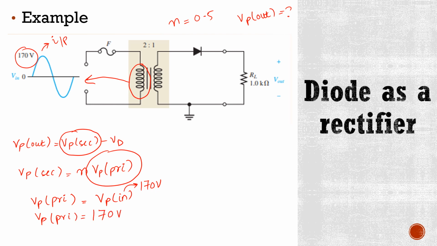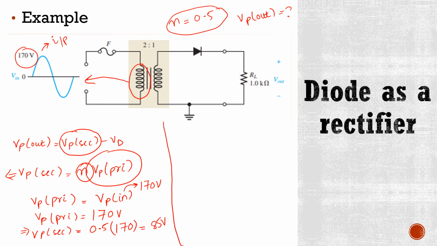Now, put this value here, we get peak secondary voltage is equal to 0.5 because we know that this turns ratio is 0.5 and this peak primary voltage is 170 volts. So this peak secondary voltage is 85 volts.